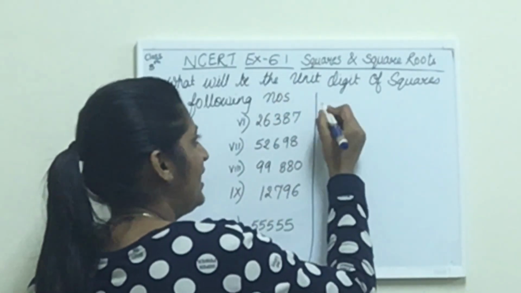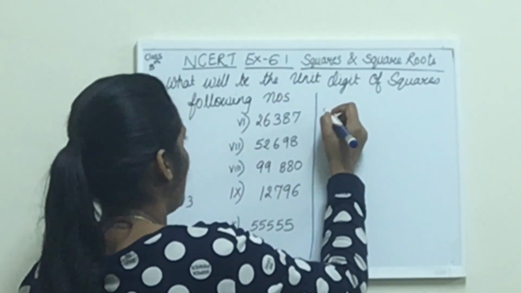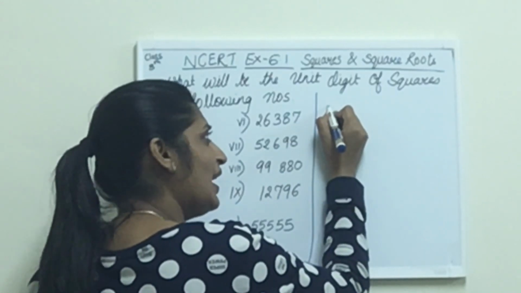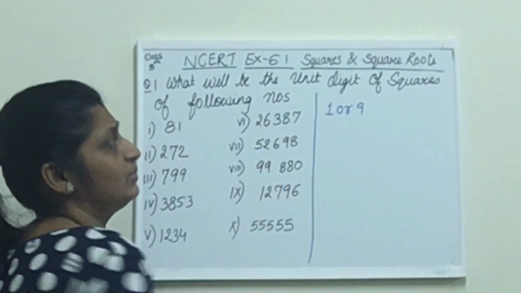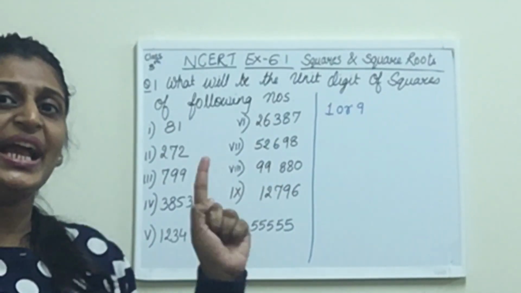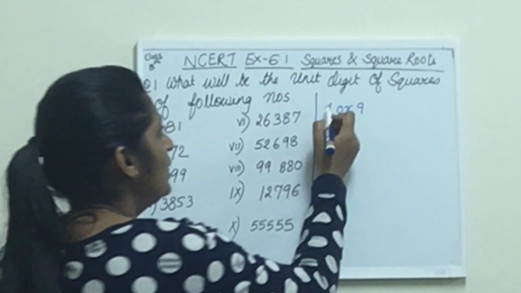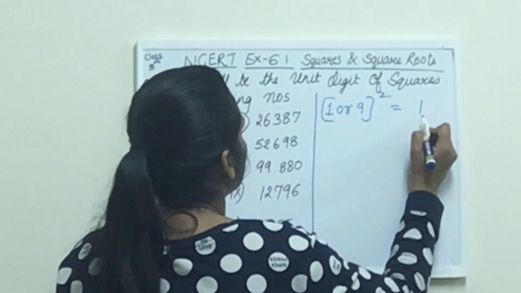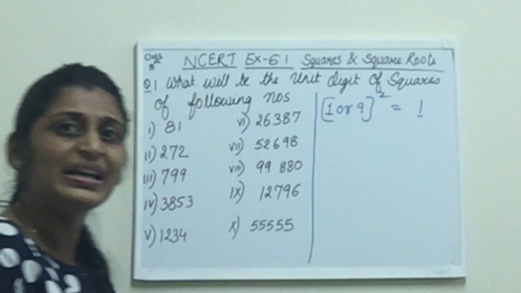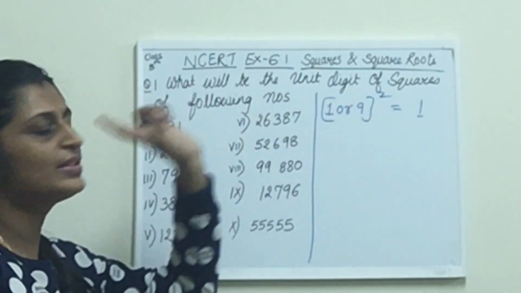The very first property says that any number which ends with 1 or 9, the square of that number will end with 1, or it has 1 at its unit place.